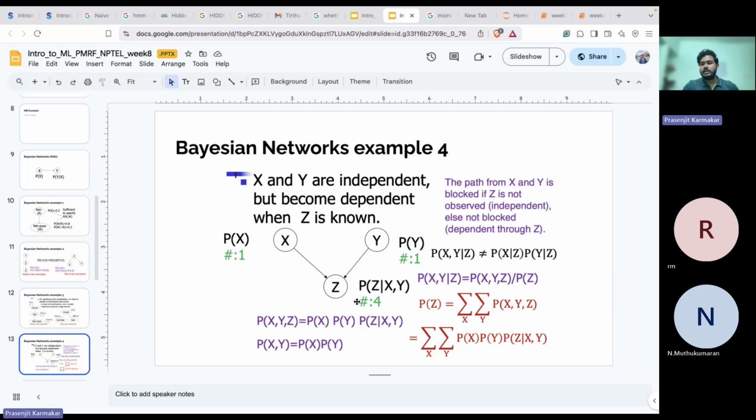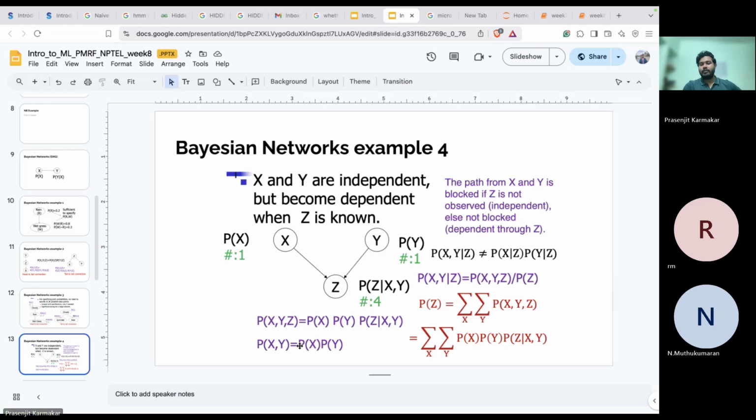Similarly, this type of relation can also happen where two features influence a particular feature z. So here P of x and P of y are independent, and then z can be dependent on x and y both. So P of x given z, x comma z, right? If I want to compute all probabilities, I can just take P of x, P of y, P of z given x, y.